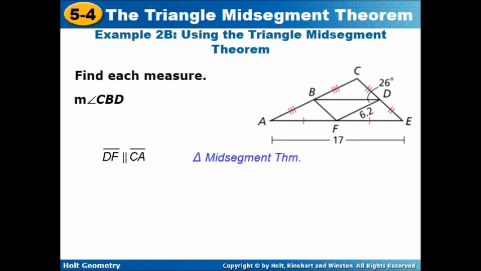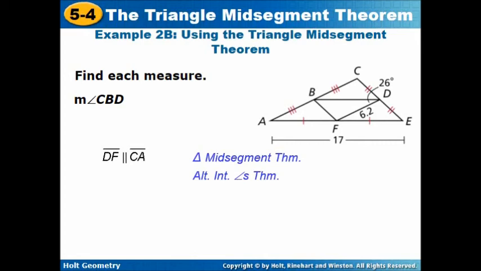Now to do that, we're going to use the midsegment theorem, and we're going to first of all show that line segment DF, which is a midsegment, is parallel to its corresponding base, which is line segment CA. And to do so will show us that we have a midsegment. And then because they're parallel, we're able to show that the line segment BD acts as a transversal as it crosses the two parallel lines DF and CA.